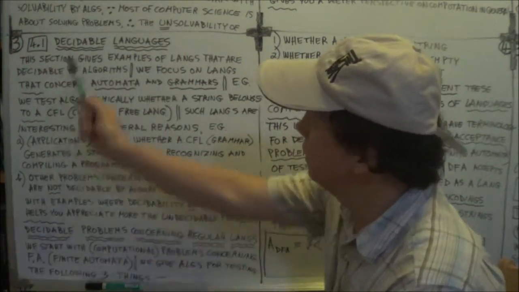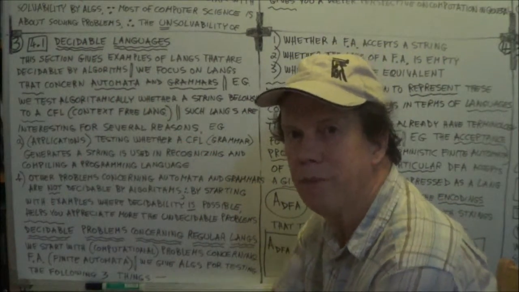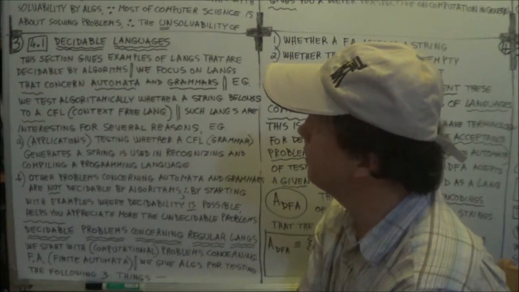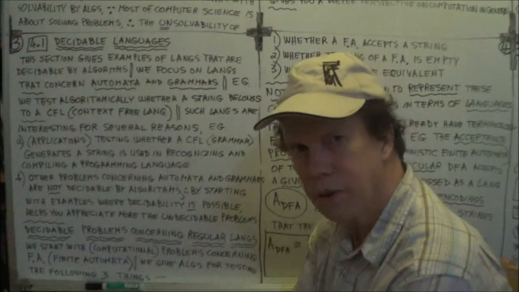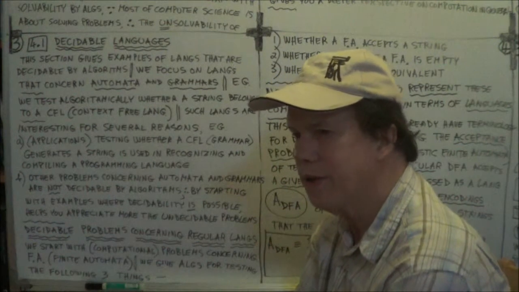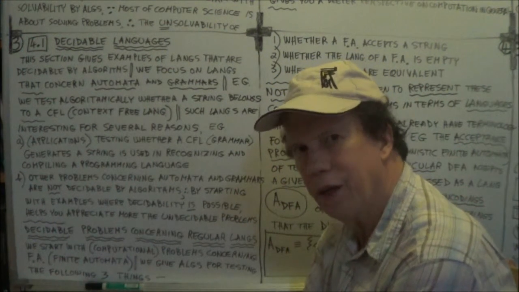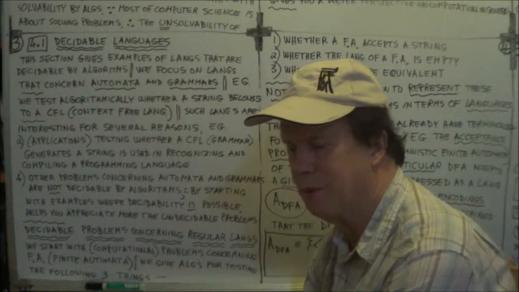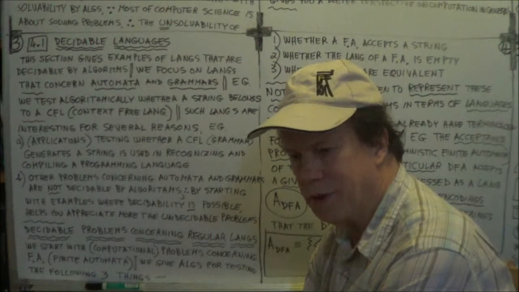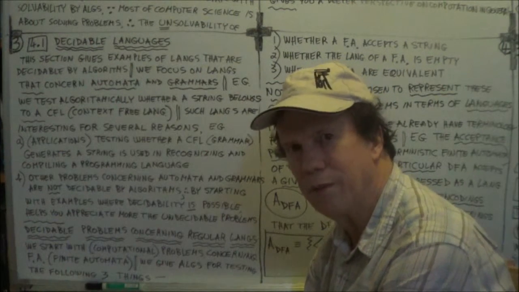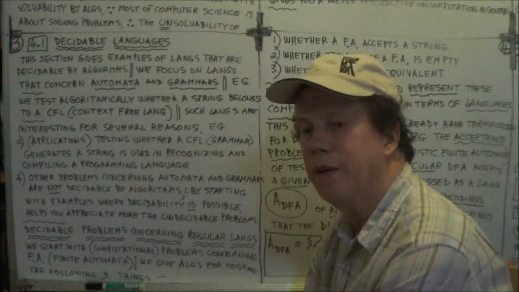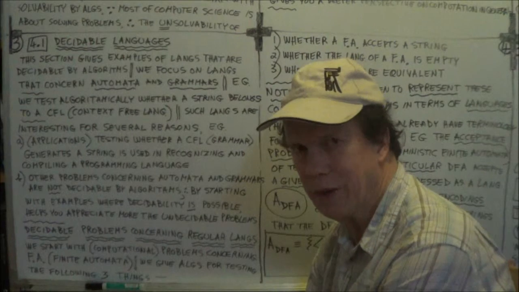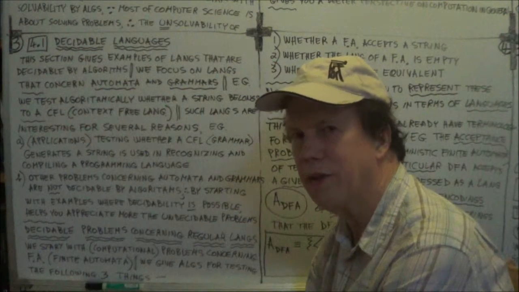Okay, so decidable languages, the main theme for this section. We'll be giving examples, and we'll do 2, I think, on this board, our first 2 examples of languages that are decidable. Remember, I've said this several times, but just a bit of quick revision. A language is decidable if there's some Turing machine, some algorithm, that accepts every string in that language and rejects any other string.